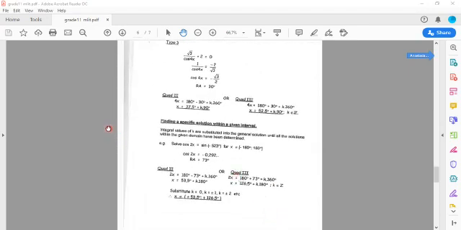Now, sometimes they may ask you to find a specific solution within a given interval. That means we don't just say plus k times 180. See here: solve cos 2x is equal to sine of negative 523 degrees, for x within the range minus 180 up to 180 degrees.